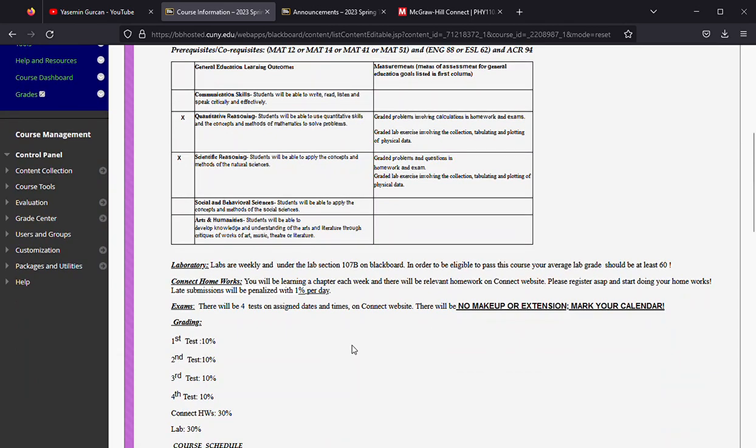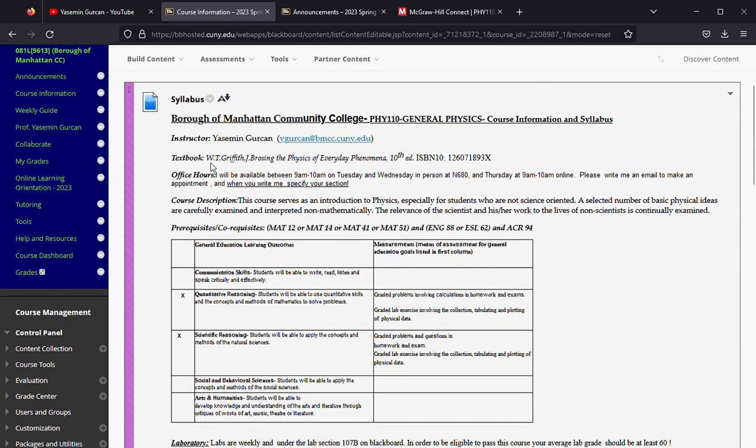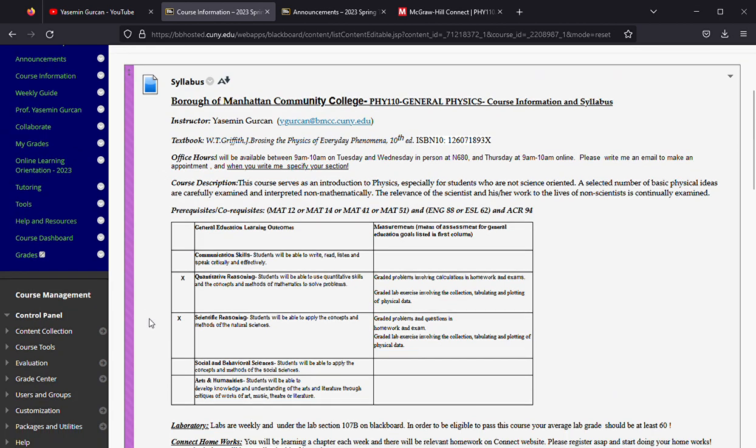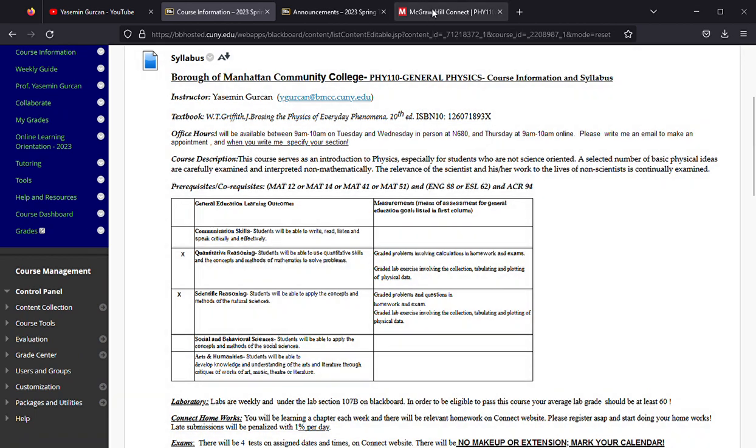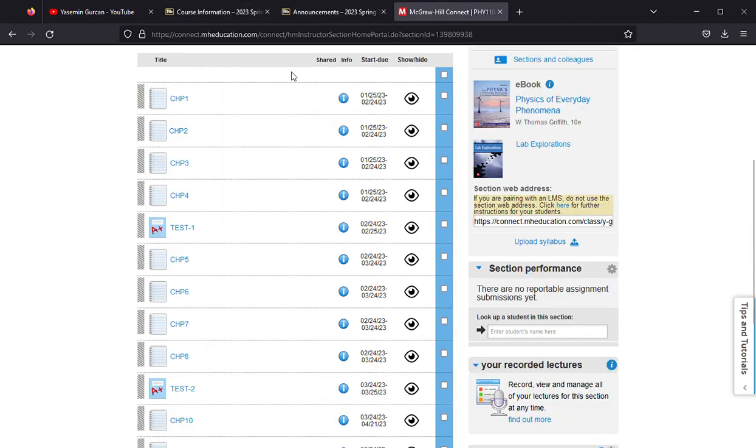Basically, in this course, we have three components. One is laboratory, which is on the lab section on Blackboard, as I showed you before. Second is homeworks. The book is basically assigned by the department, as you see the information here. So I use the publisher's website for homeworks and tests, which is basically McGraw Hill's Connect.